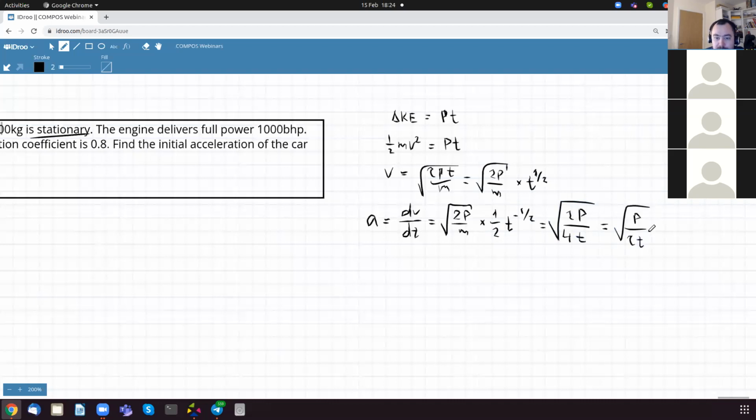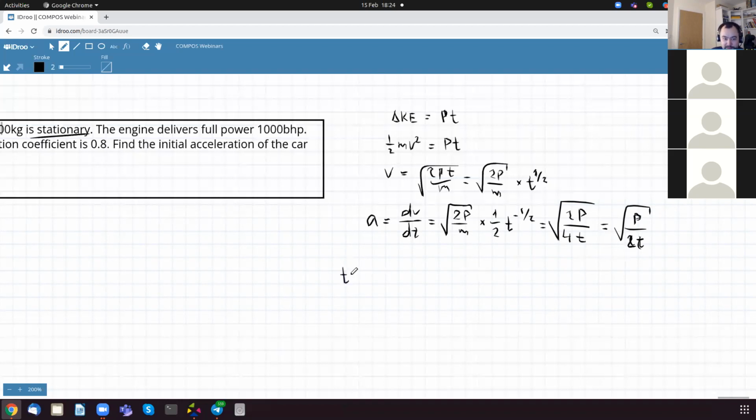So how can we find acceleration from here? The initial acceleration. Initial means what? Which value are we getting? t equals 0.